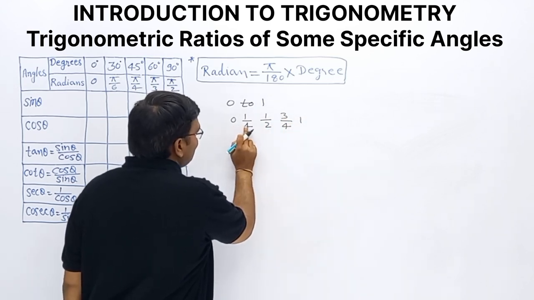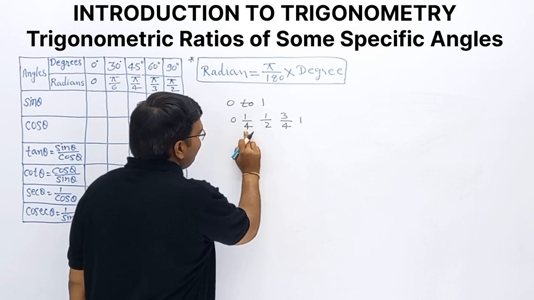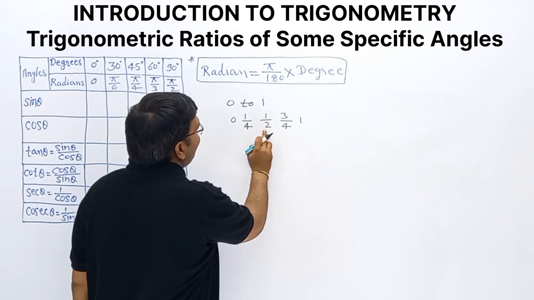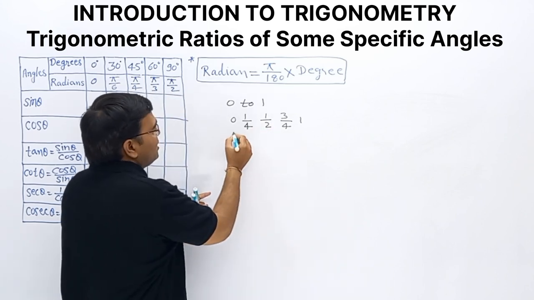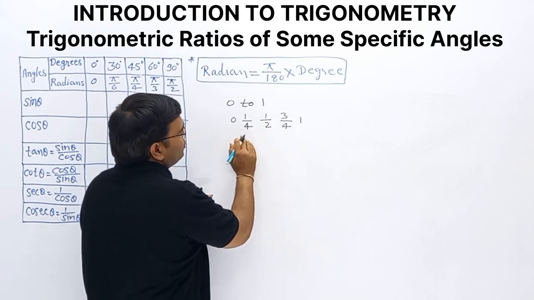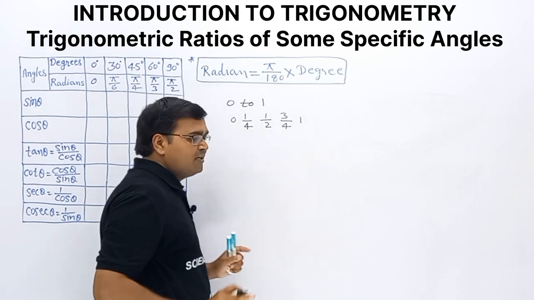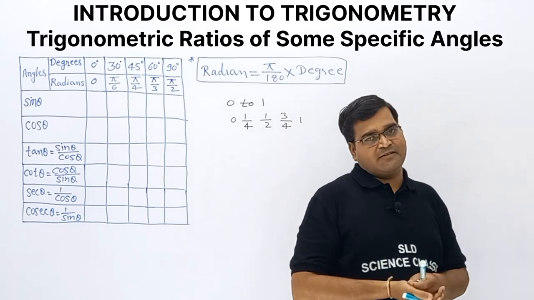One part is 0 to 1/4. When we add 1/4 there, we get 1 by 2. Again adding 1/4. Observe, the difference is 1/4, again the difference is 1/4. Yes or no? Equal parts.